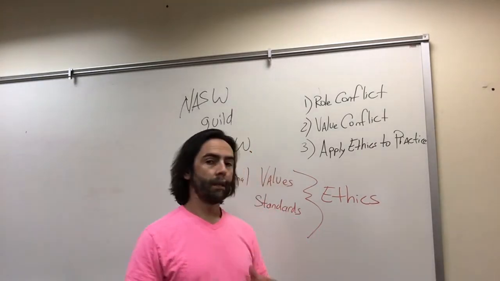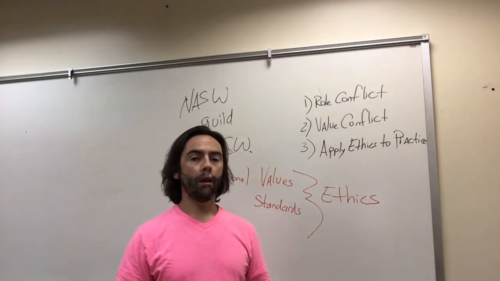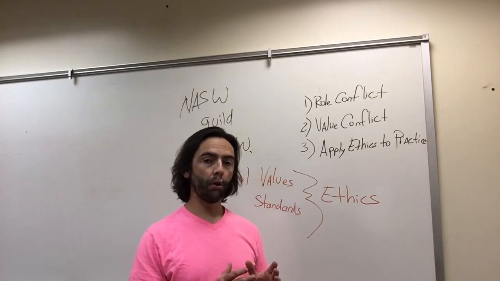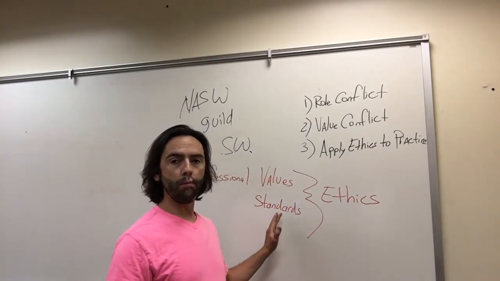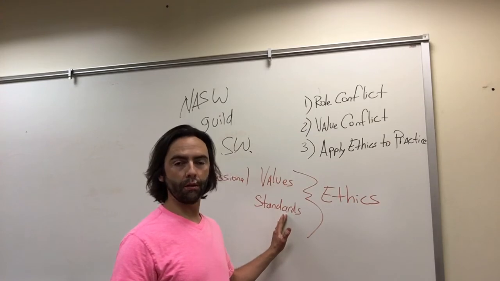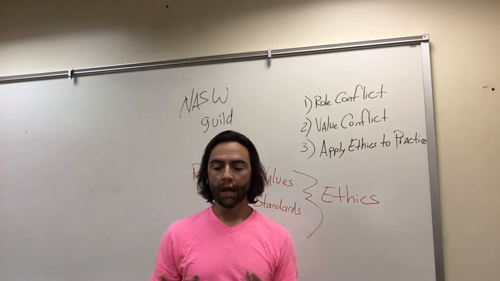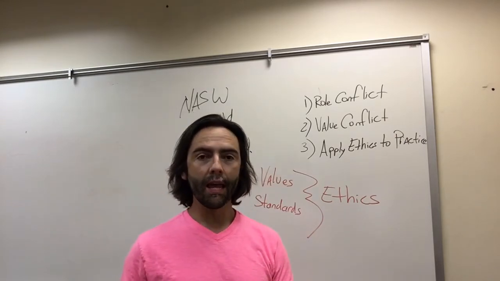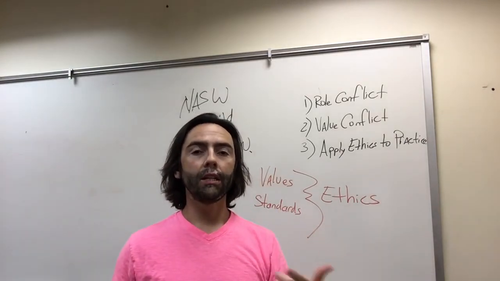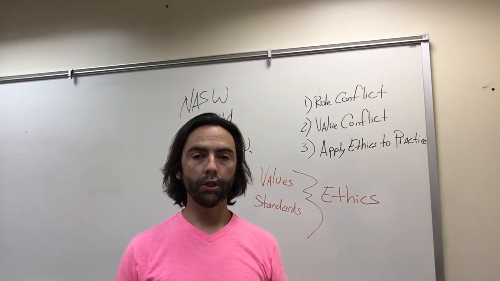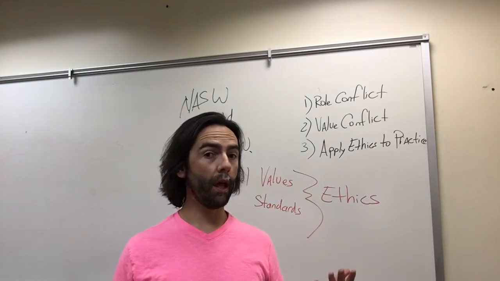So there's a right to an abortion. Now, as a social worker, the Code of Ethics says, hey, we believe in self-determination. We believe in self-determination. When our clients come in, they can talk to us. They, not us, they get to choose what they're going to do with their life.